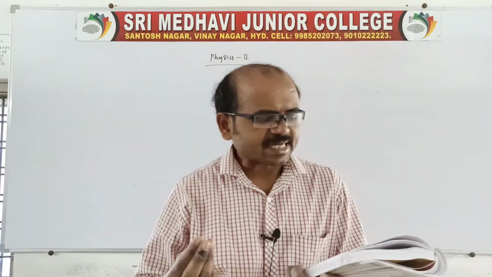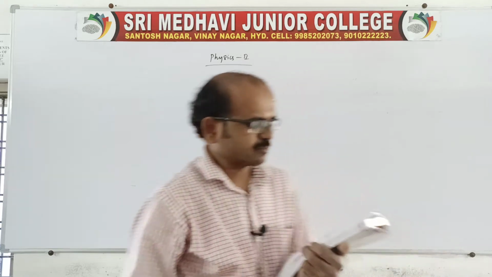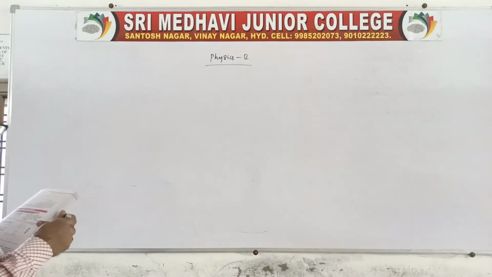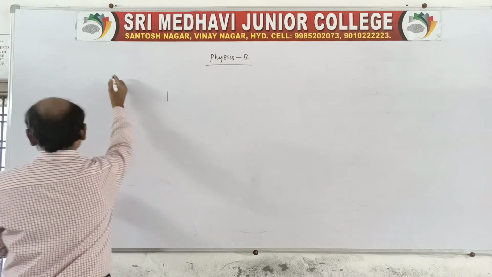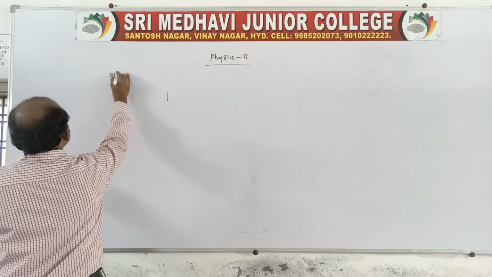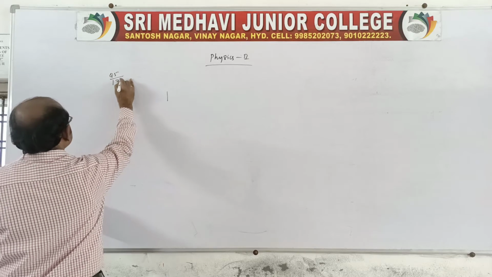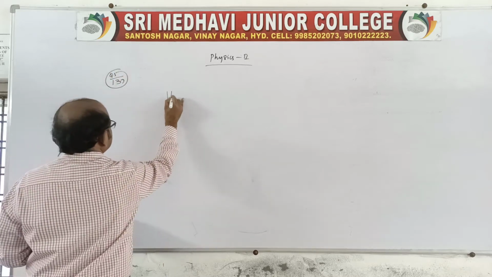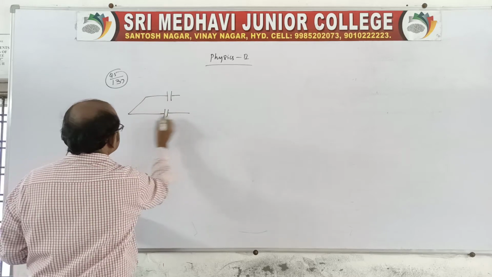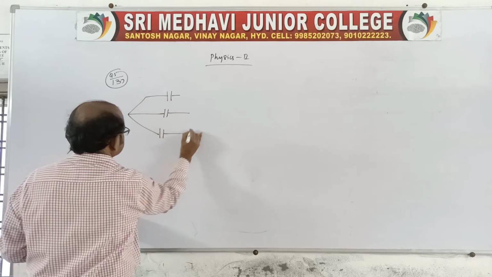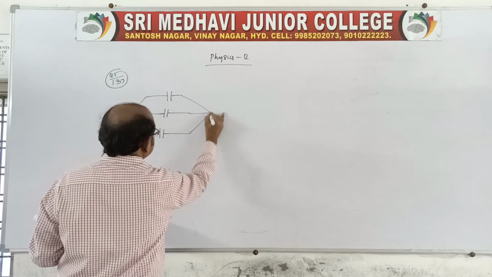Fifth question: 3 capacitors of capacitance 1 microfarad, 2 microfarad, 3 microfarad are connected in parallel, like this.